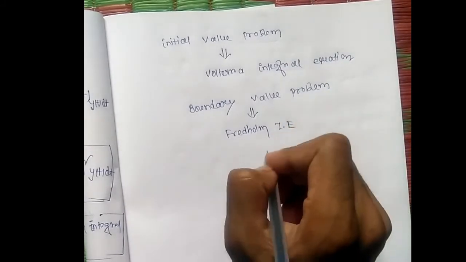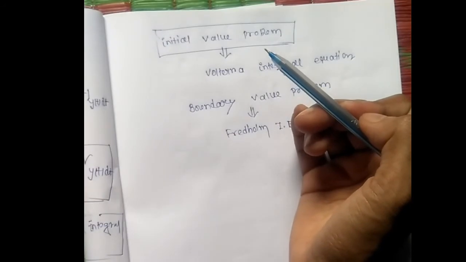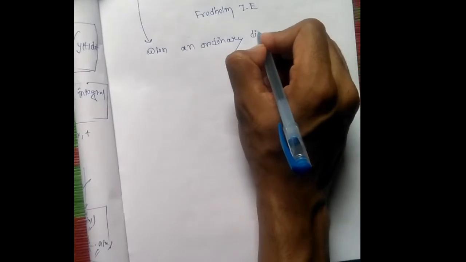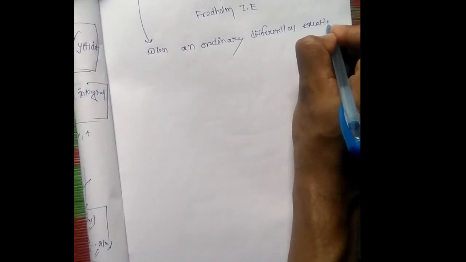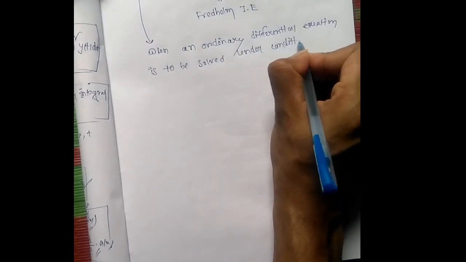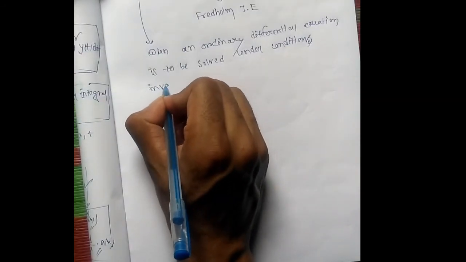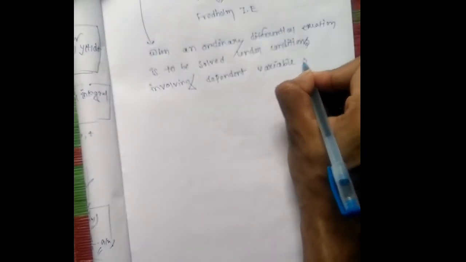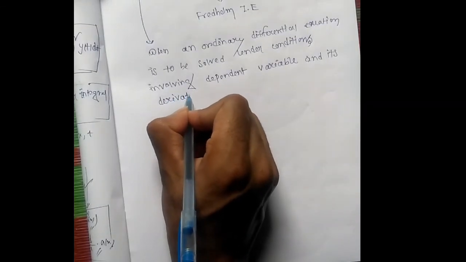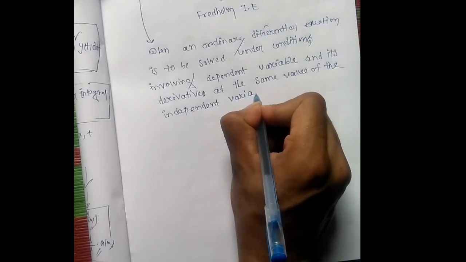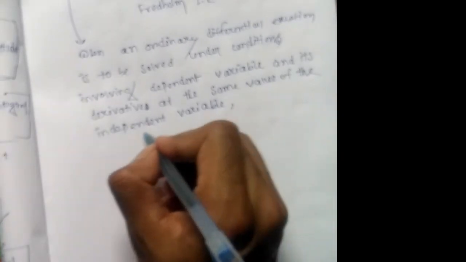Now what is an initial value problem? When an ordinary differential equation is to be solved under conditions involving the dependent variable and its derivatives at the same value of the independent variable, then the problem under this consideration is called an initial value problem.